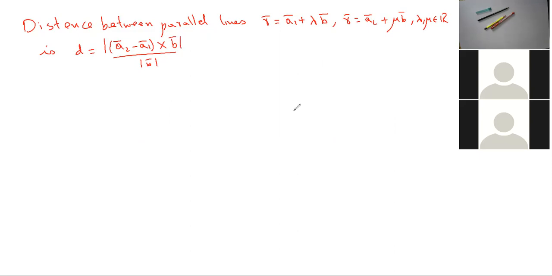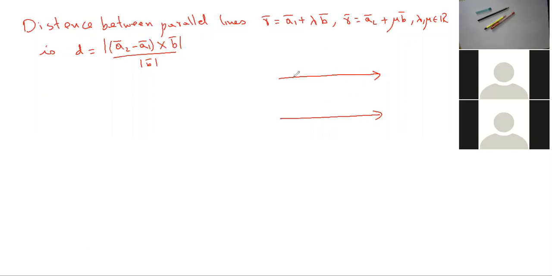What is this? This is quite easy because when they are parallel, automatically they are coplanar. So there is no need of a three-dimensional view. You can directly understand it on paper itself, on the plane itself.